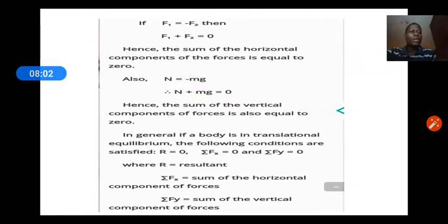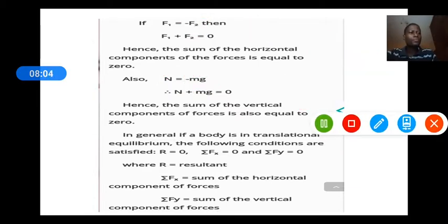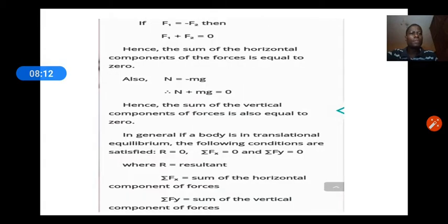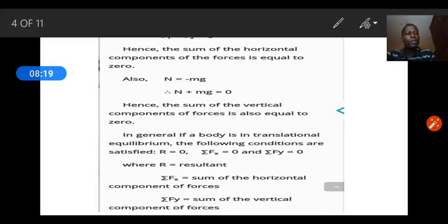Good. Now let's go further. In general, it means the sum of the vertical component of forces is also equal to 0.